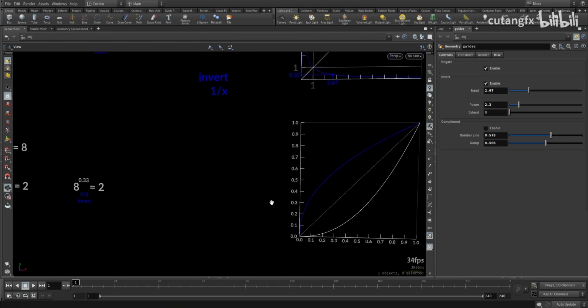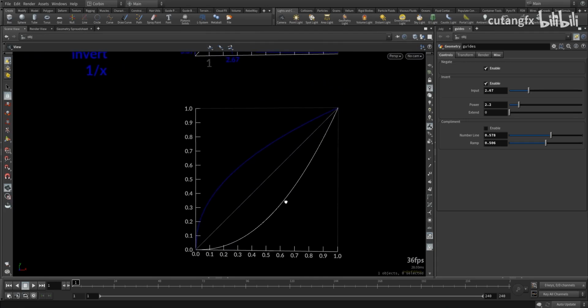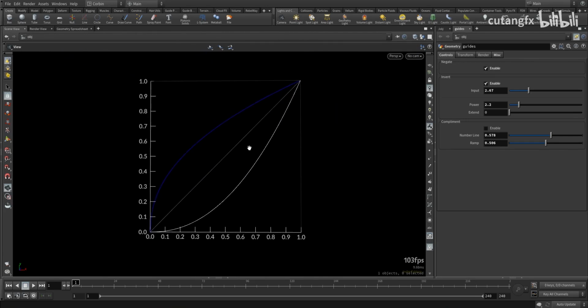Now, if we represent power on a graph, what we get is something quite interesting and also quite familiar, because a lot of the time when we're trying to create any kind of ramps in Houdini, maybe an acceleration ramp or even just our color, we often draw an arc like this, okay, which gives us some nice results, right?